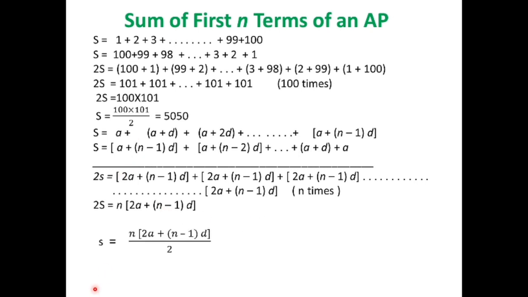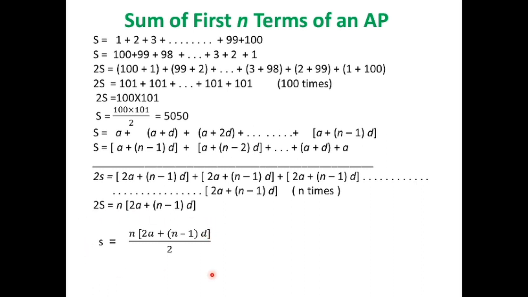So we can write it as S is equal to n by 2 into 2a plus n minus 1 into d. This is very important. This is the formula for finding the sum of first n terms of an AP. S is equal to n by 2 into 2a plus n minus 1 into d. Here n means number of terms, a means first term, and d means common difference.